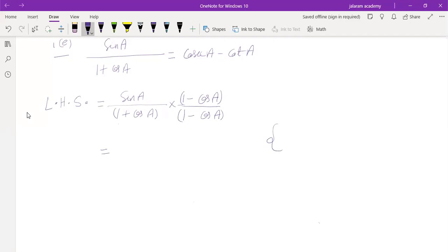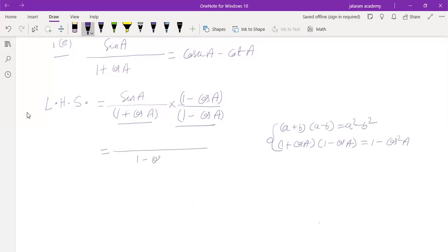Why? Because when we use a plus b into a minus b, it equals a square minus b square. So 1 plus cos a into 1 minus cos a equals 1 minus cos square a.